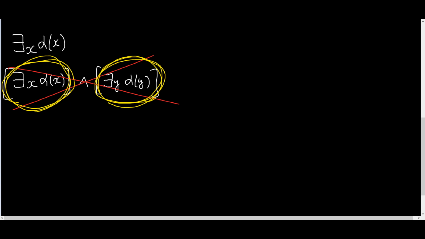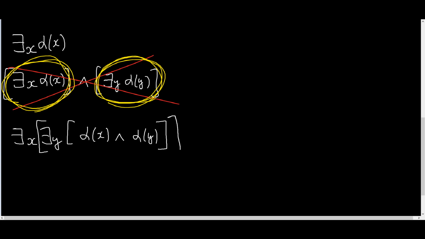Okay, so if variables x and y are not accessible outside their scopes, maybe we can then do it this way. We can say there exists x and there exists y such that alpha x is true and alpha y is true, where now, by placing the invisible brackets, we can be sure that within the scope, within this place where we are saying that alpha is true both for x and y, both x and y have a meaning.